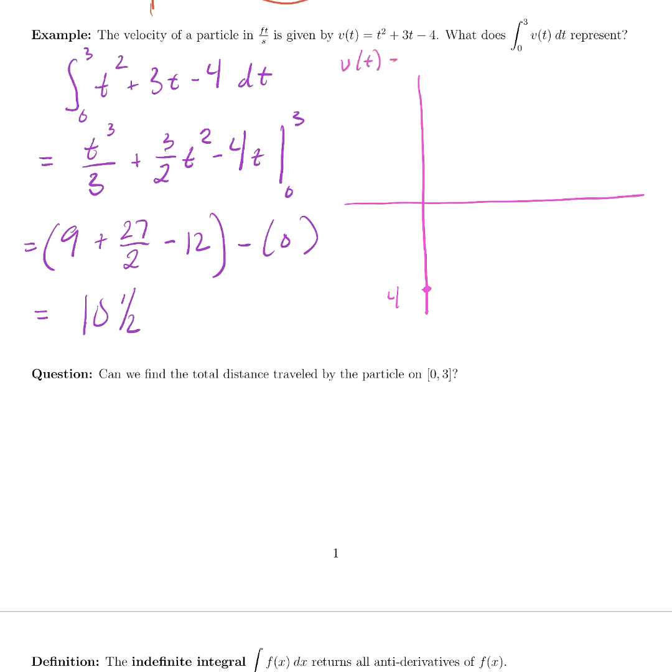V of t is t plus 4 times t minus 1, so it hits the x-axis at 1. It's a parabola, it hits the x-axis at 1, and we're looking all the way over to 3.